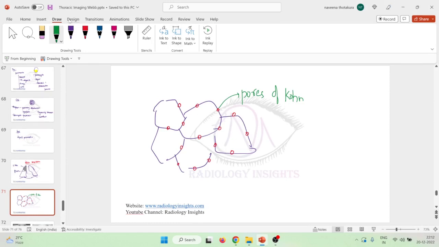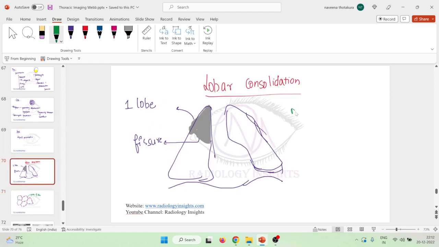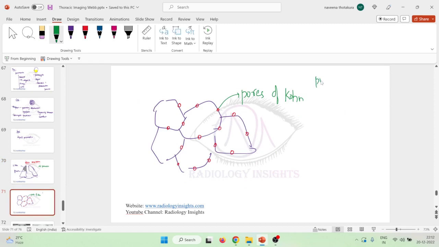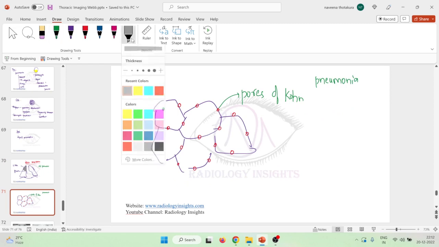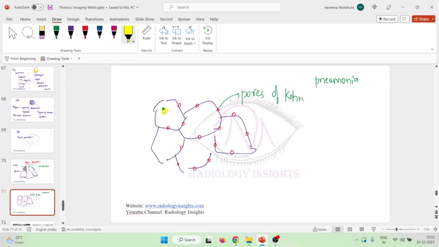So whenever there is an infection, because this lobar consolidation is most commonly seen in some pneumonias. Okay. So in pneumonia, especially whenever there is some infection, the infection which is present in one alveolus will pass from this alveolus to the next through these pores of Kohn.